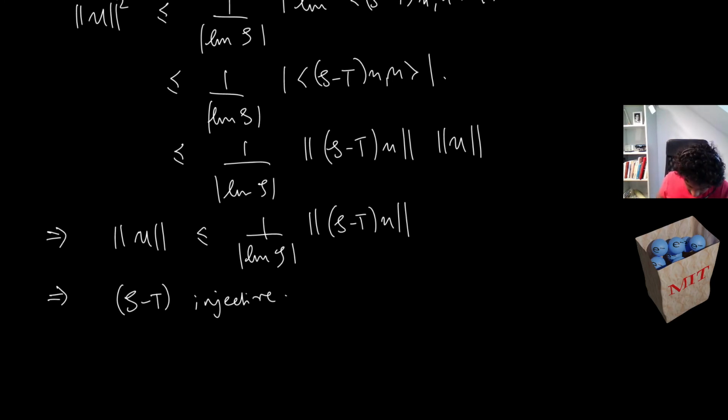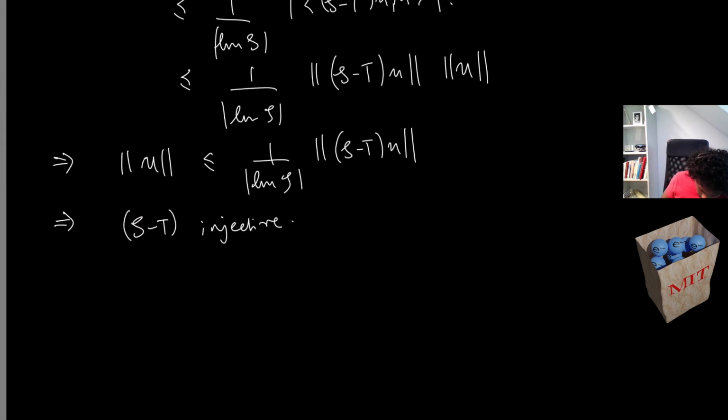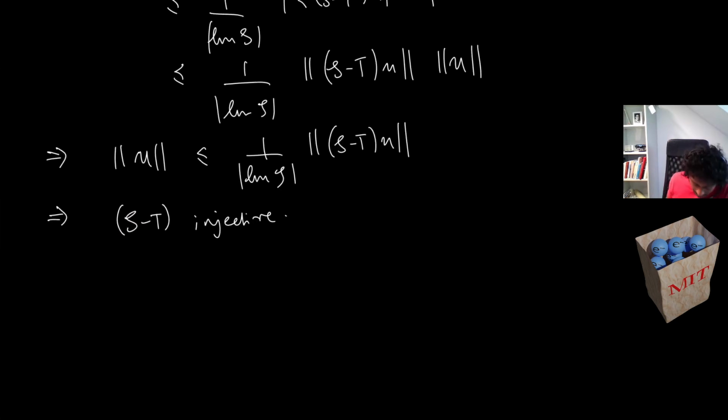Now, the second observation is, remember from the result that we mentioned last time, that the annihilator of the range of the adjoint operator is the kernel.